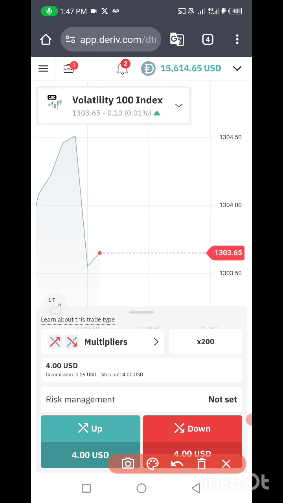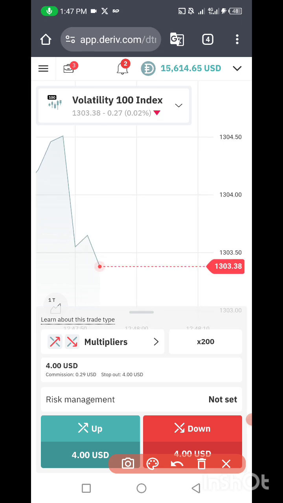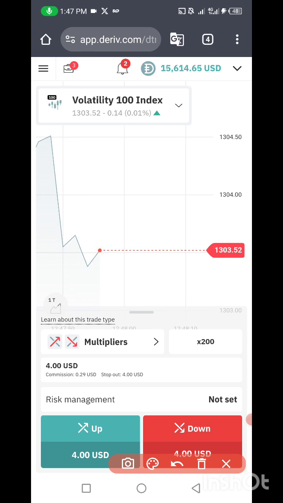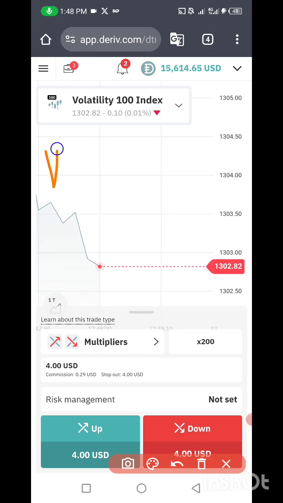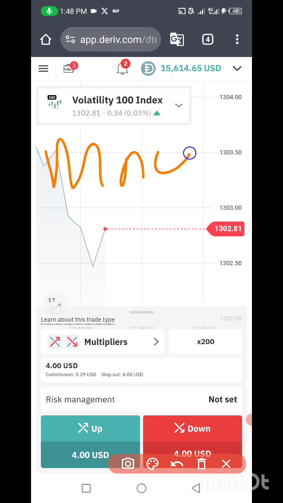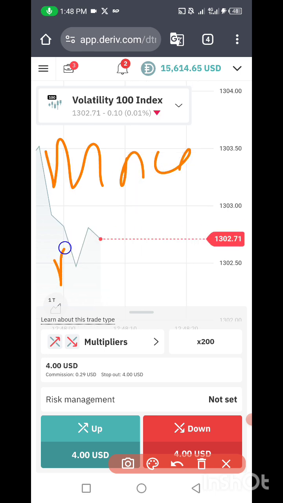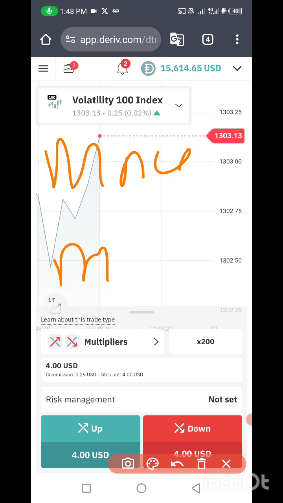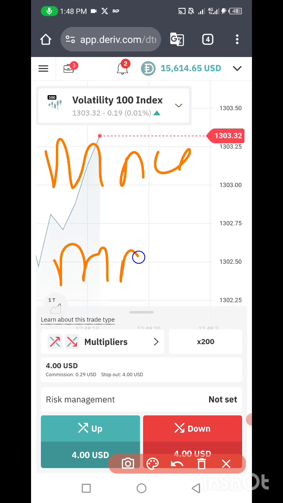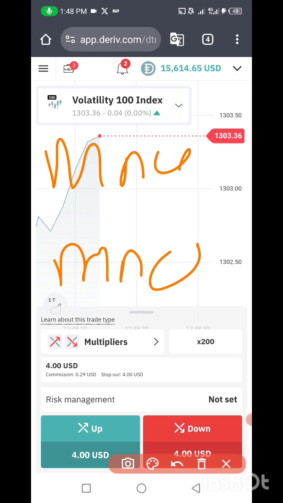Take for instance, we have a match between two teams. Let's take Man U and Man City, Manchester United and Manchester City. So these teams are playing.